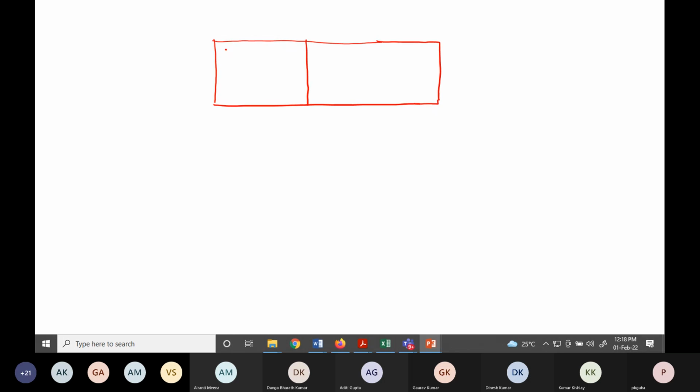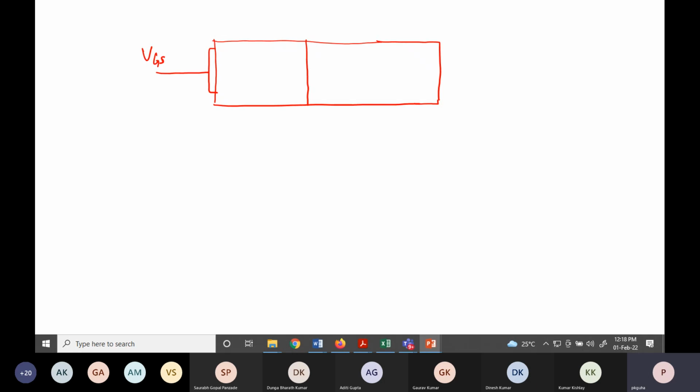So let me draw it once more, and we can draw the corresponding electric field. Sir, whether the gallium arsenide layer is undoped or lightly doped, there is hardly any difference.